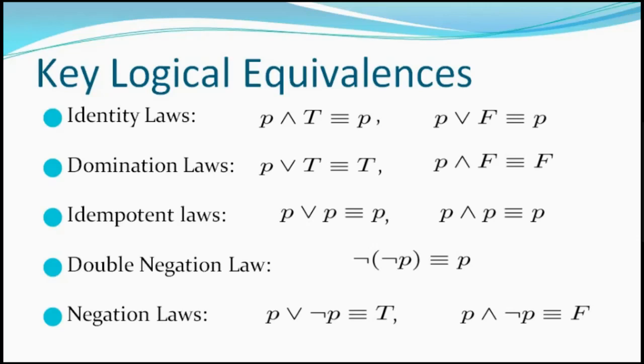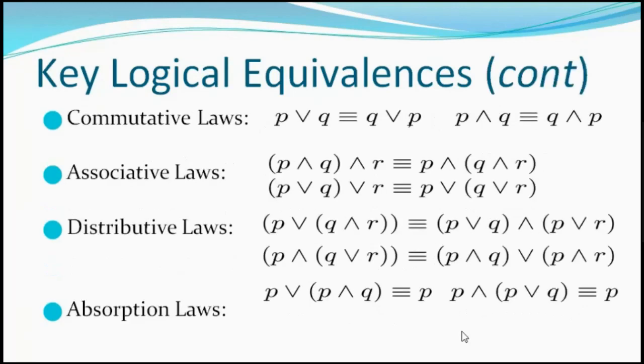Double negation law: the complement of the complement, that is, the negation of negation P is equal to P. Negation law: P or negation P is equal to true, and P and negation P is equal to false. Next is the commutative law: P or Q is equal to Q or P, and P and Q is equal to Q and P, which are logically equivalent.